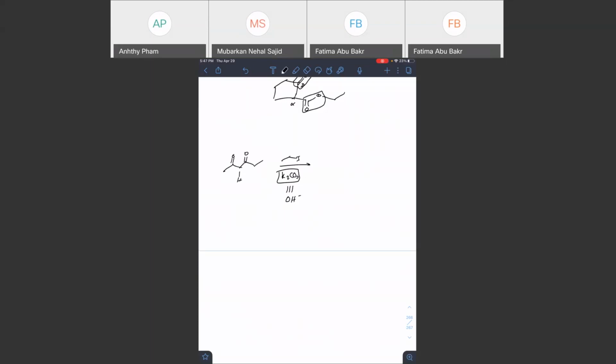And so when these two react together, it's just what we already talked about, right? A way of adding alkyl groups to the alpha position. So that's what we end up getting, right? And so this is going to be really, really important for your retrosynthesis if you see an alkyl group that's been added to what you started out with.